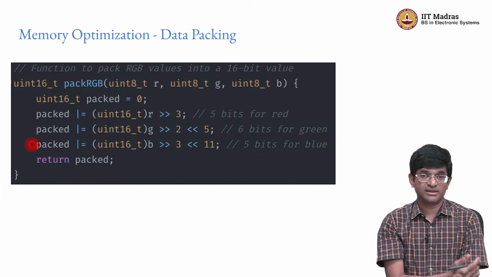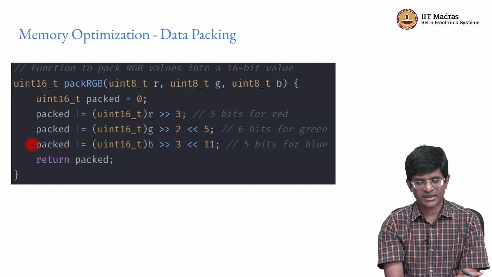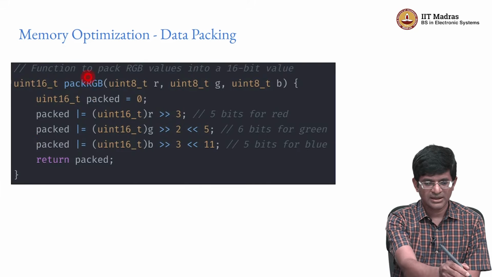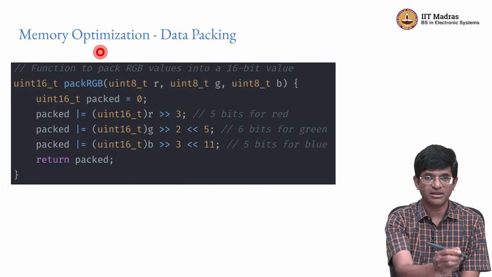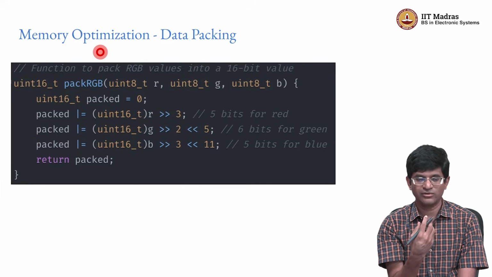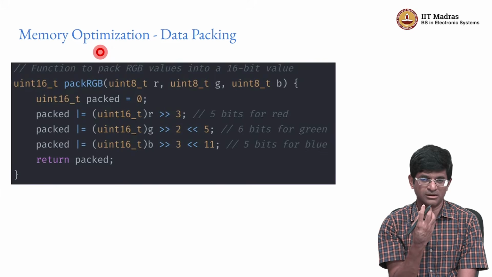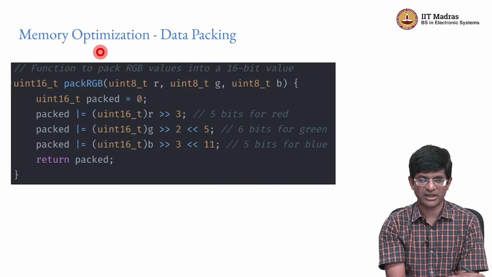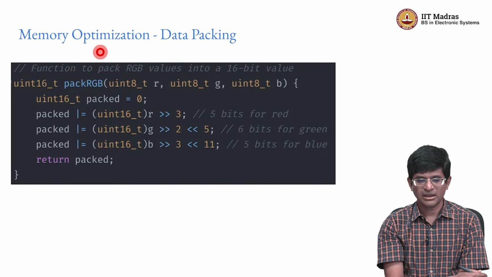So one other thing that is often done in the context of programming is to use data packing, right? Especially in embedded systems. An example of that is, let's say that you have RGB, red, green, blue data, which is being used for the bits corresponding to, let's say, a color on a VGA display or something like that, right?